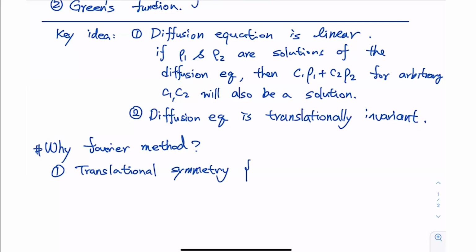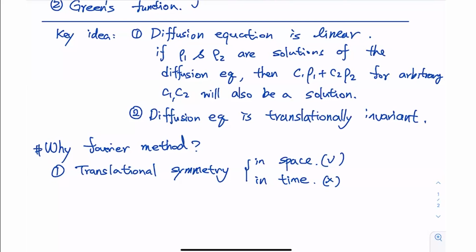Usually when we talk about translational symmetry, we talk about translational symmetry in space, but we can also discuss translational symmetry in time. In this course, for the diffusion equation, we are not going to discuss this part yet, but we'll focus on the behavior of the translational symmetry in space.